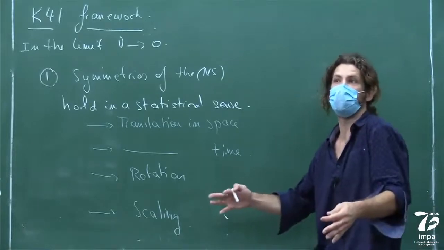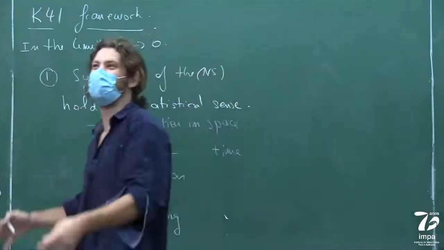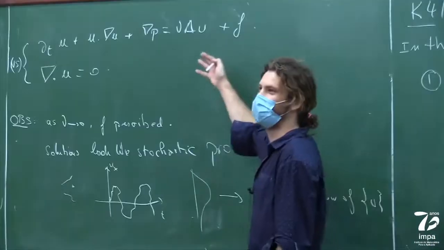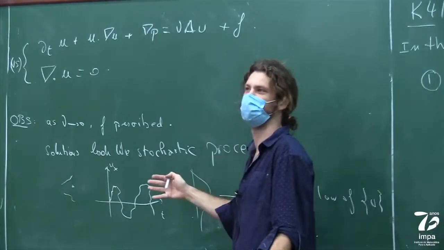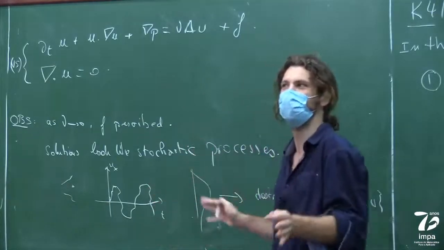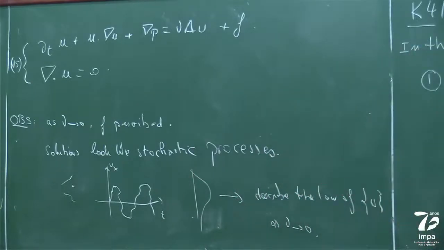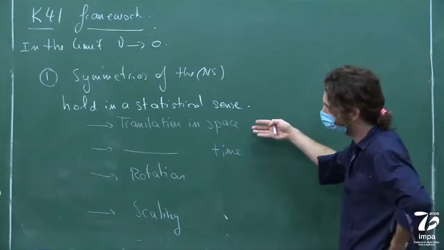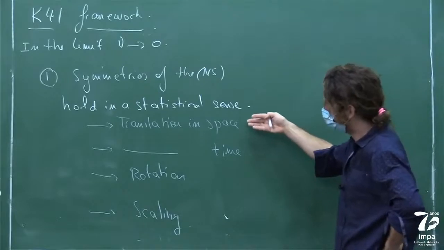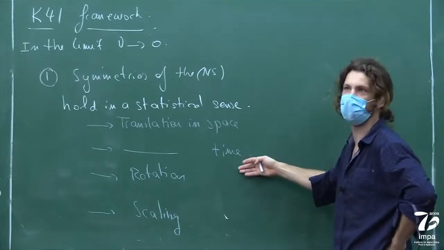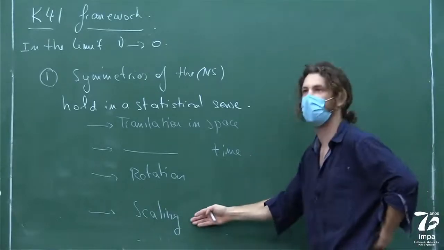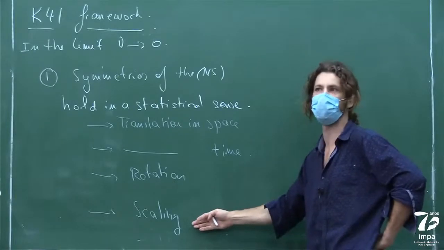So what you're saying is, I will try to use the symmetries of the Euler equation to describe the Navier-Stokes equation when nu goes to 0. This is the essence of it. And actually, if you look at it in more detail, those three are symmetries of the Navier-Stokes, and this one is not a symmetry of the Navier-Stokes, it's only a symmetry of the Euler.